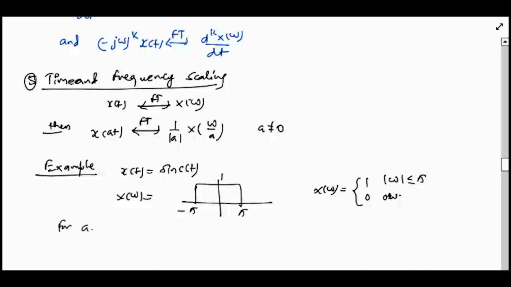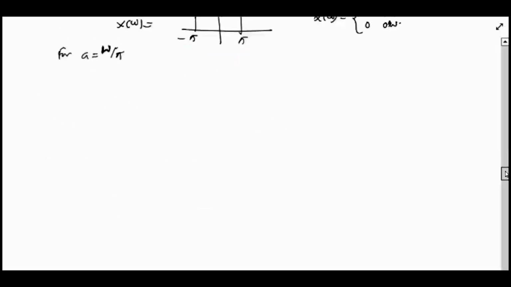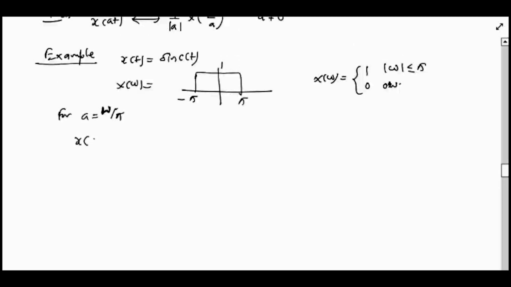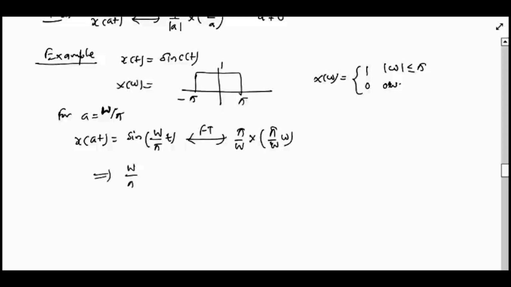Now if I choose a to be equal to capital W by pi and consider x(at), which is sinc (W/pi) t, then the Fourier transform of this signal will be pi by W times X(pi omega/W). This in turn implies that the Fourier transform of (W/pi) sinc((W/pi) t) is X(pi omega/W).